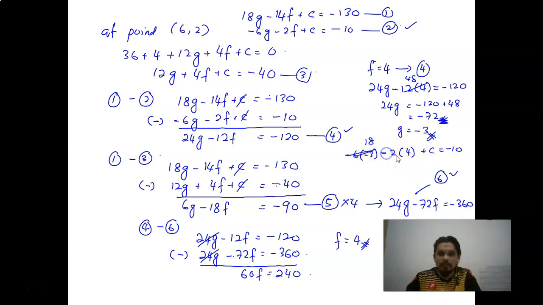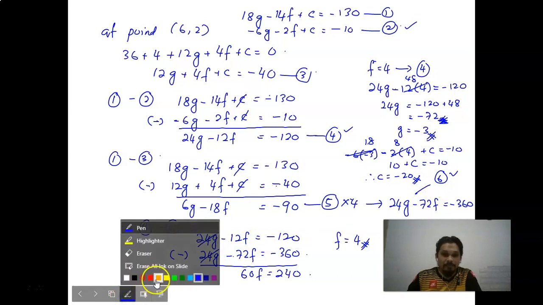Negative 2 times 4 equal to negative 8. So then 18 minus 8 equal to 10 plus c equal to negative 10. So then c equal to 10, bring it here, become negative, so negative 20.